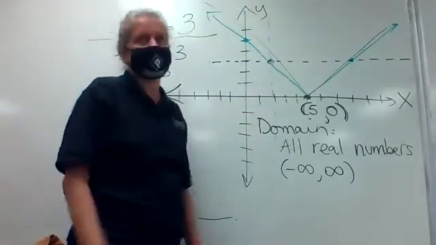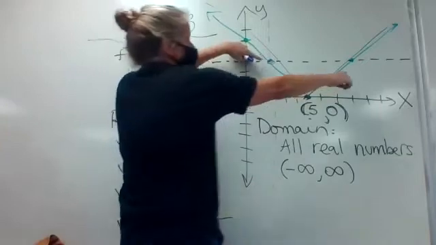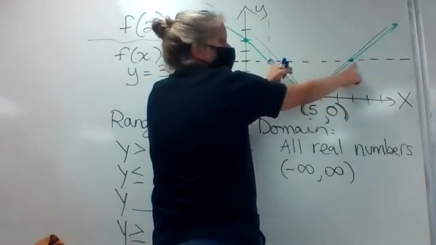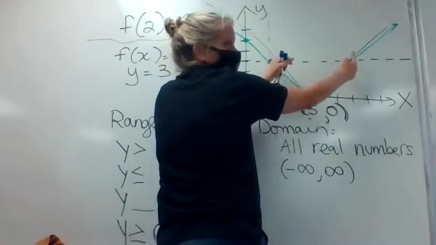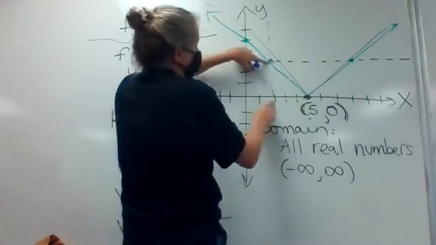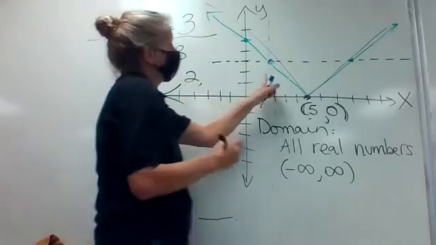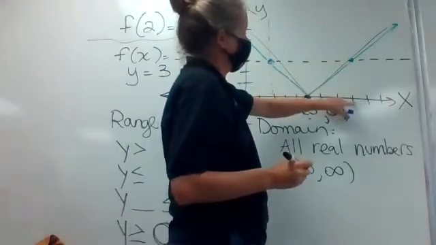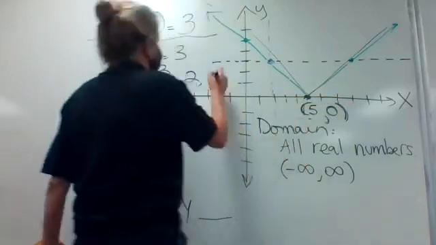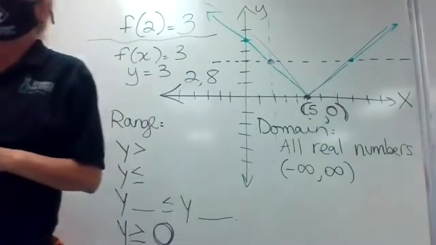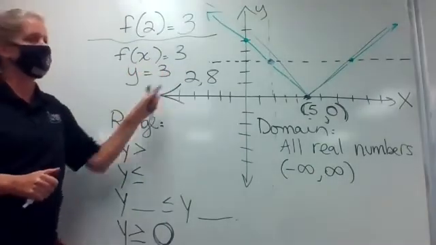I see 2 points that are doing that, right? These 2 points right here are both on this graph, and both their y coordinates are 3 because they're both up 3. So this one's x is what? 2. And then this one's x is 8. So 2 and 8 are the points on the graph where the y is 3.